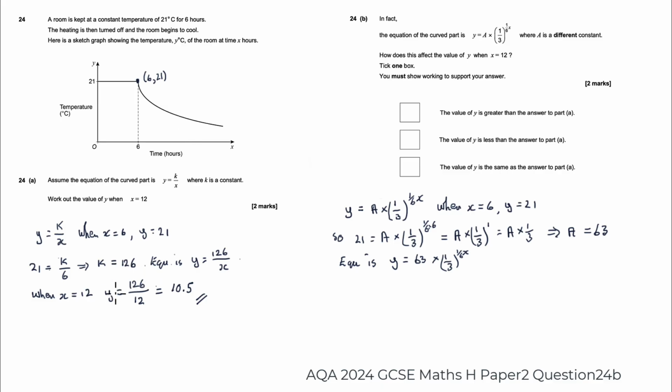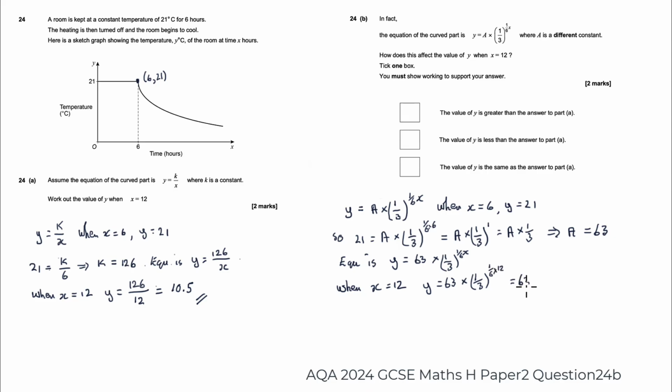That's what we're interested in. And we'll have to compare the value of y in this new scenario with the old value that we got. So let's do the same as we did before. When x equals 12, y will be 63 times 1/3 raised to the power 1/6 of 12.